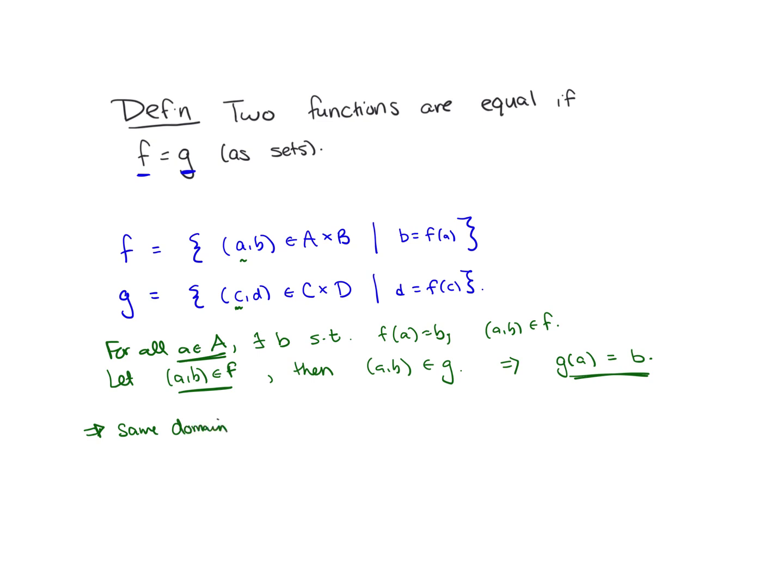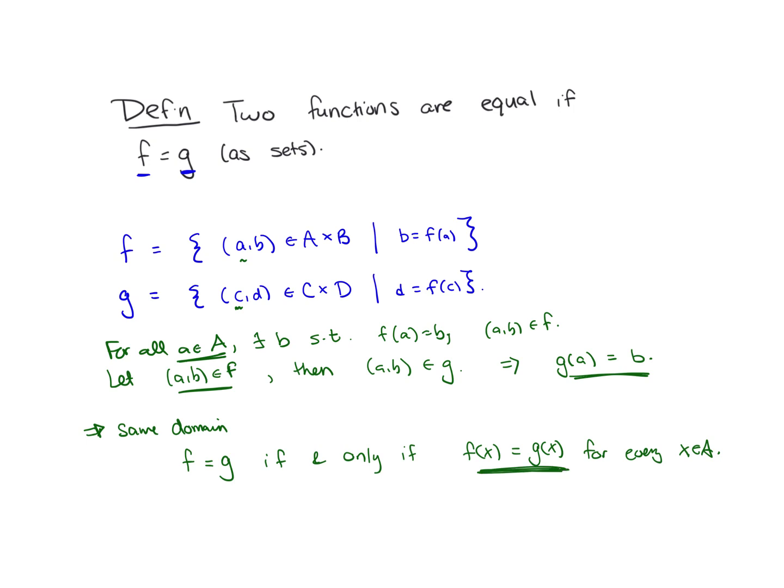And I can make them have the same codomain as well. So I can say that f is equal to g if and only if f of x is equal to g of x for every element in that domain of f. Right, so that is what we want.